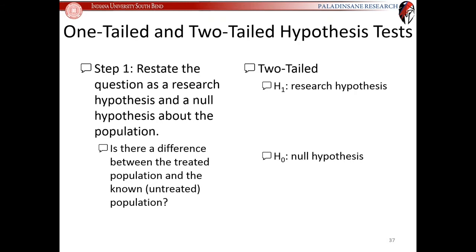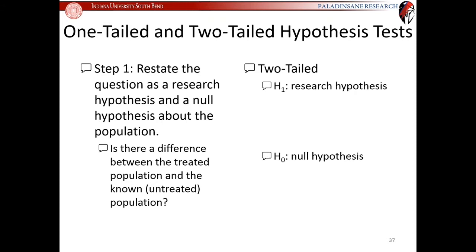So we've got two-tailed over here, one-tailed over here. And we have three possible outcomes of any experiment, any treatment.